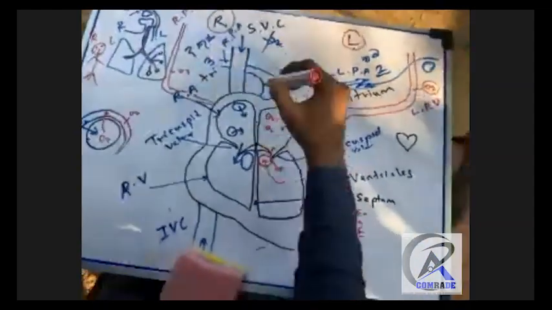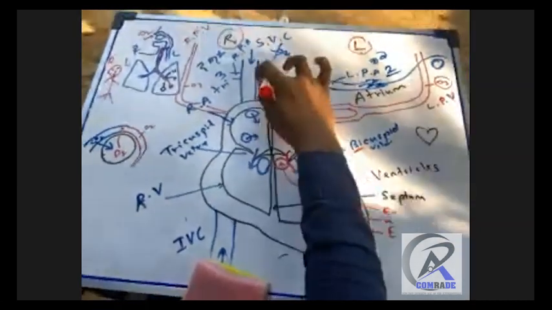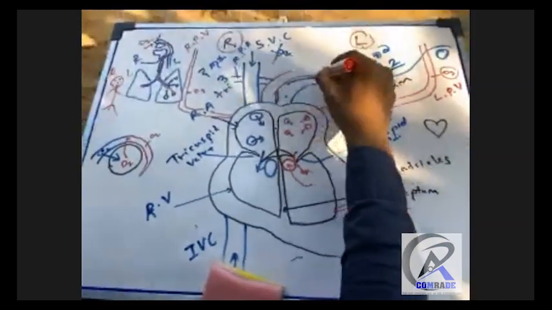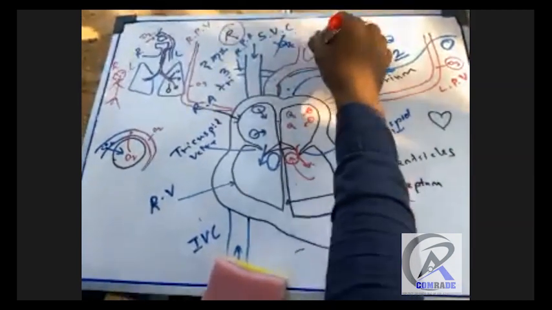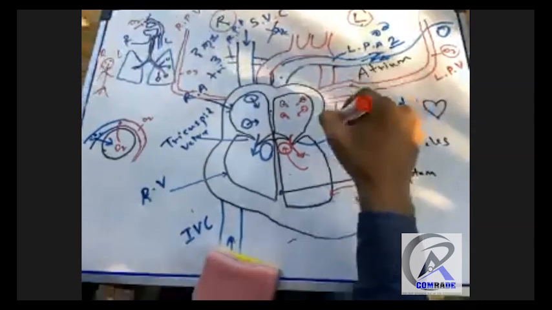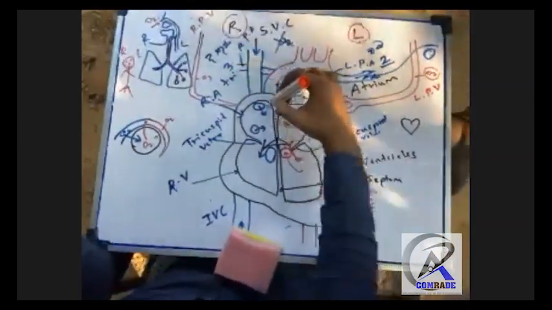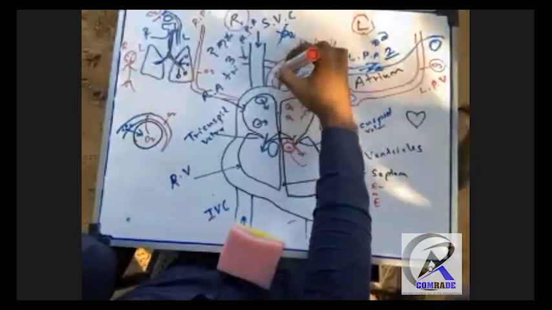This aorta appears from this area and comes like this, and the other part comes down from here, right? Okay, so from here to here it's ascending and known as the ascending aorta.